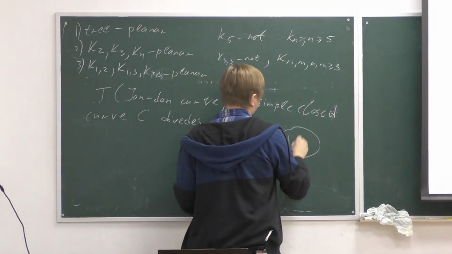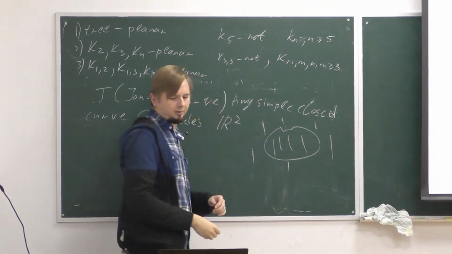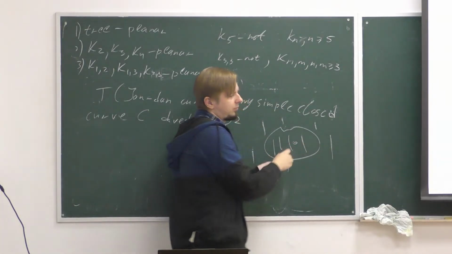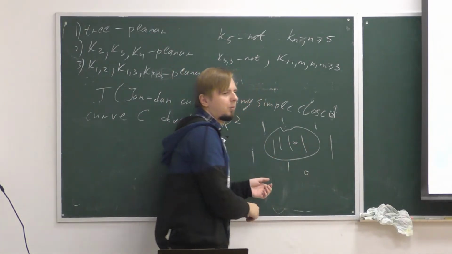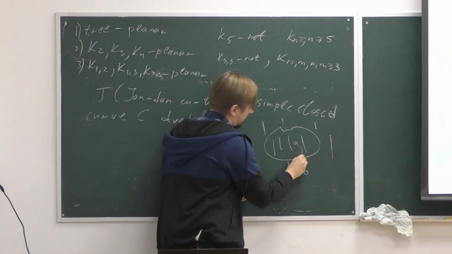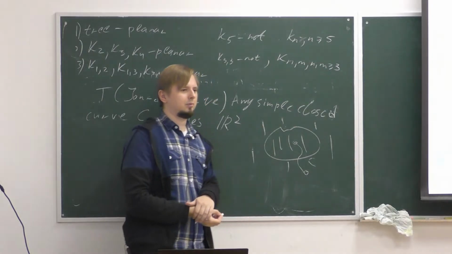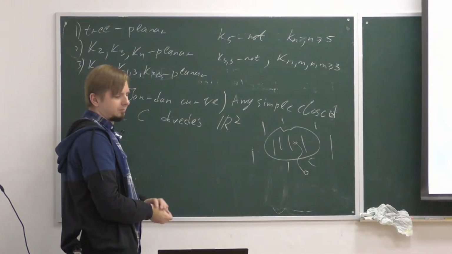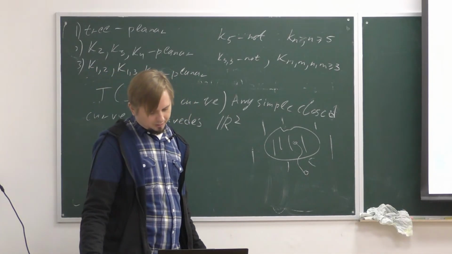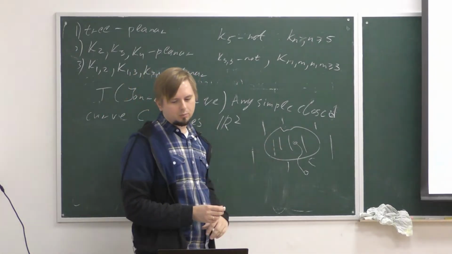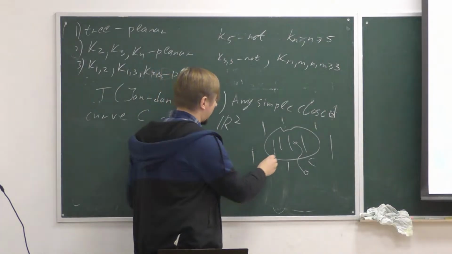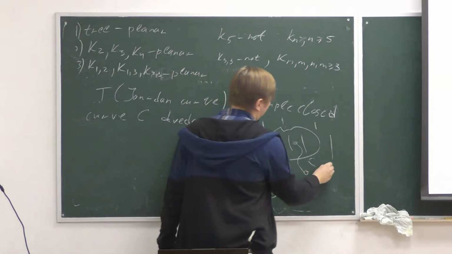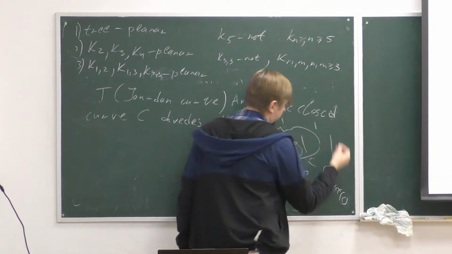Any curve starting from a point in one subset to a point in the other should intersect this curve C. If it is divided into two parts, we can denote one part by int, the inner part, and the outer part we denote by out.